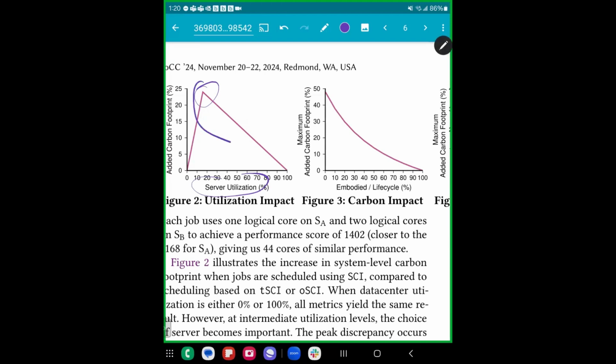Right. And this is because you are choosing to operate on less efficient, less green, higher emitting devices.